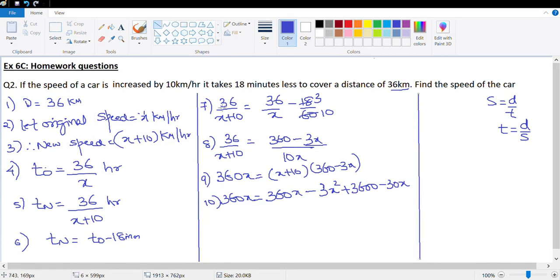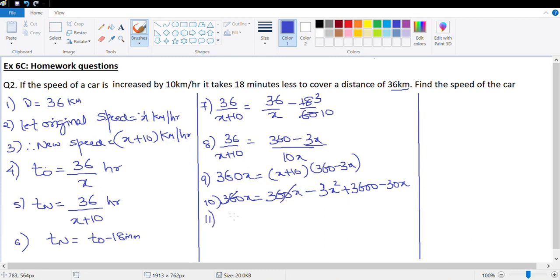Let me erase what I had written here because I'll need that space. Let's reconfirm: 360x, negative 3x square, plus 3600, minus 30x. So 360x and 360x get cancelled.